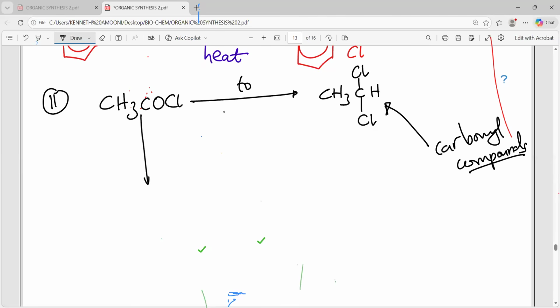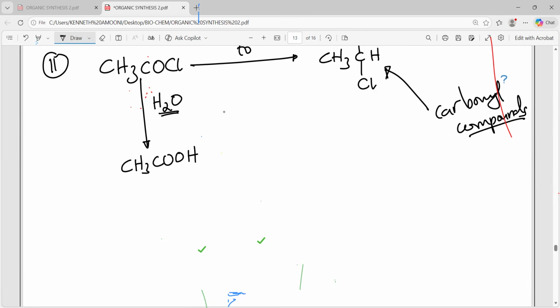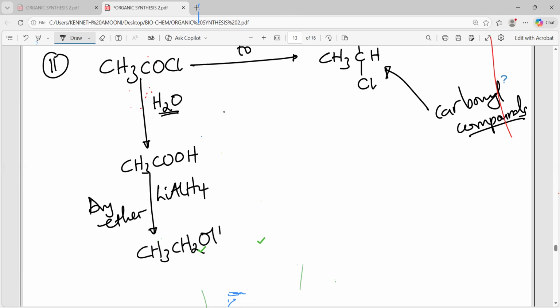First and foremost, we can first react it with water to hydrolyze that to form a carboxylic acid. So we shall have CH3COOH. Then after that, we are going to convert that to an alcohol by using a reducing agent, lithium aluminium tetrahydride, in the presence of dry ether, to form for us CH3CH2OH, that is ethanol.